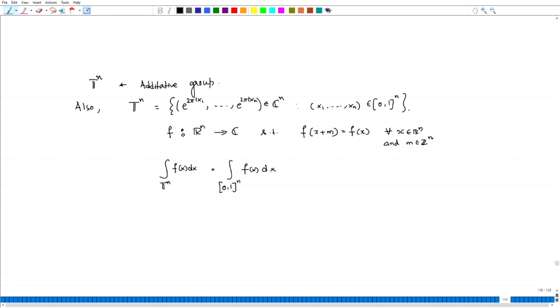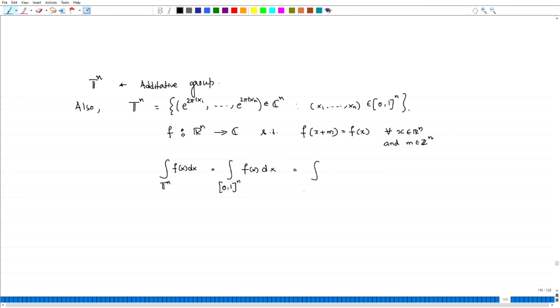This is going to be equal to the integral over any cube of length 1, wherever it is positioned in R n, because of the periodicity of f, it gives the same result.